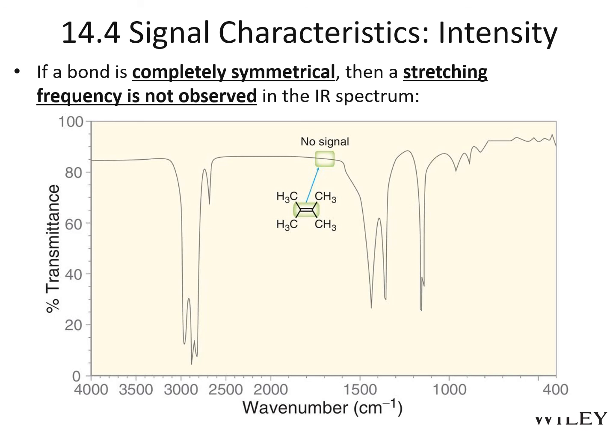So if a bond is completely symmetrical, we won't observe any signal. So you'd expect to see a carbon-carbon double bond here, but this is completely symmetrical. There's no dipole moment here. Basically all the stretching frequencies will cancel each other out.